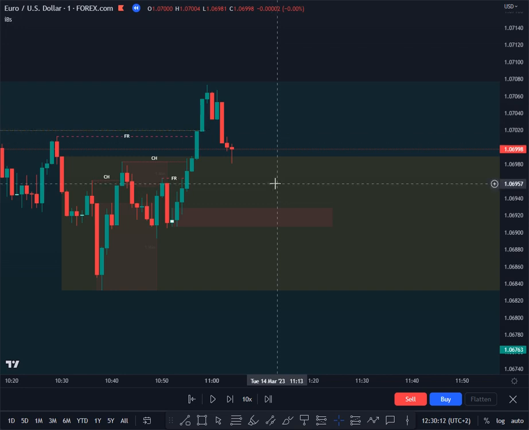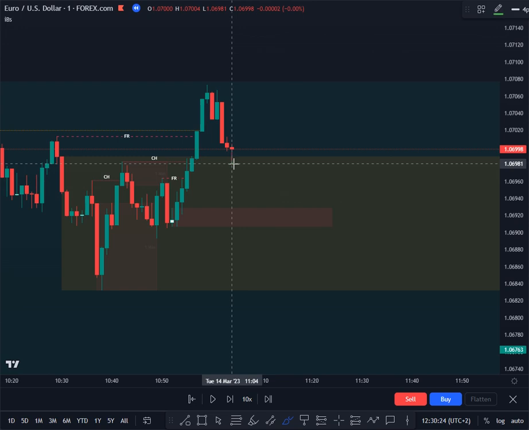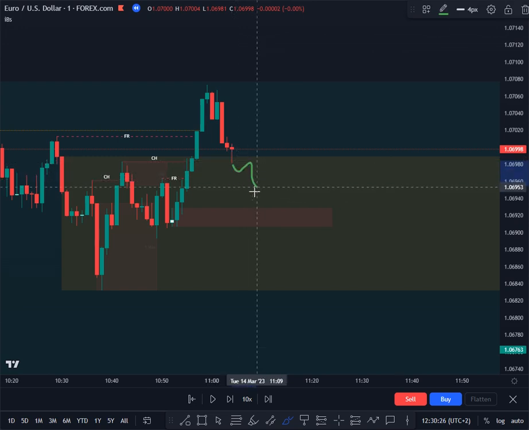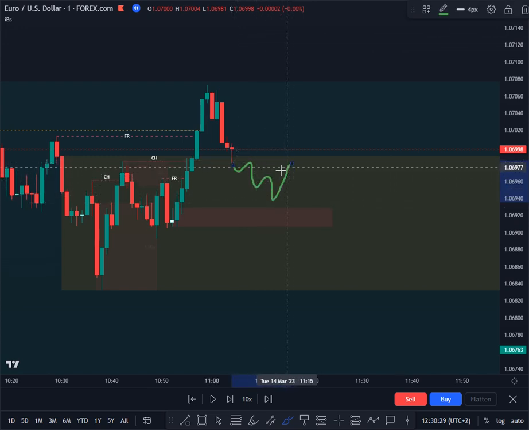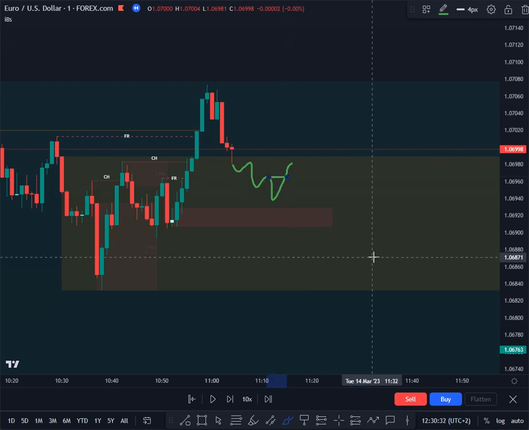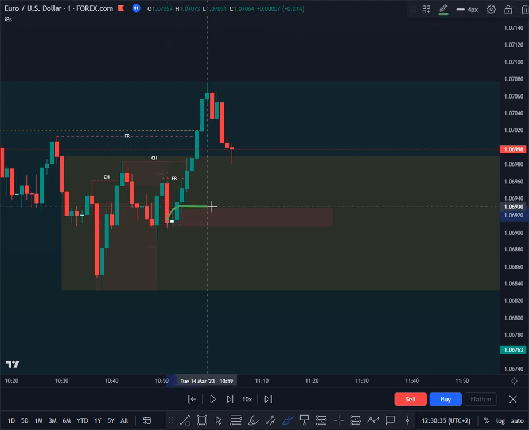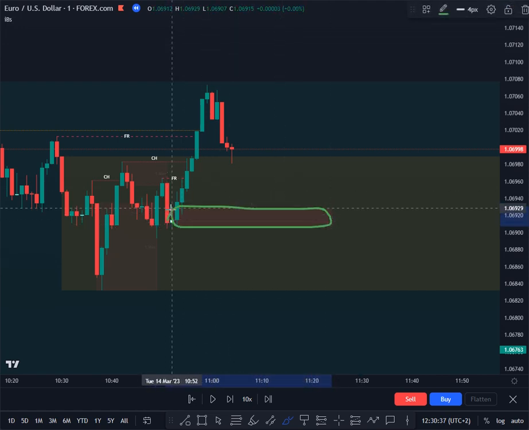Because we are on the M1 and we've already refined. At this point, I'm looking for a trade. I'm no longer just analyzing price. Ideally, anywhere within this M15 zone, I want to see the M1 start to make any structural shifts to the upside, right? Ideally within this M1 zone.